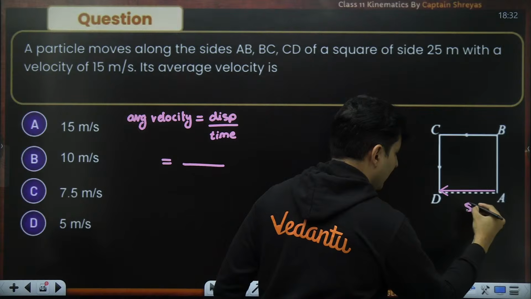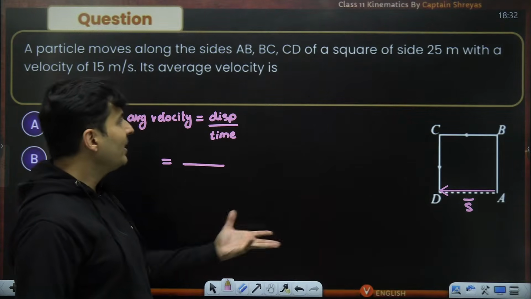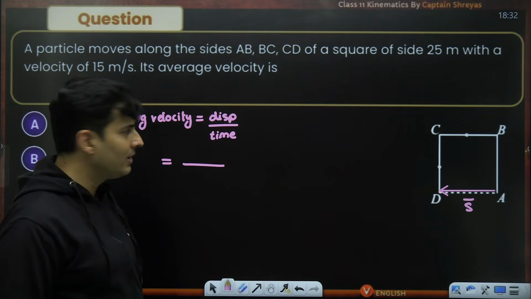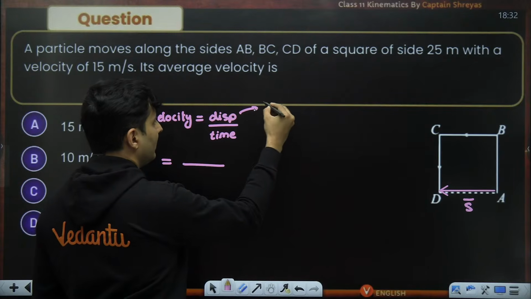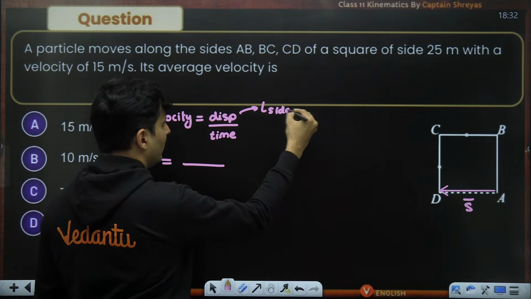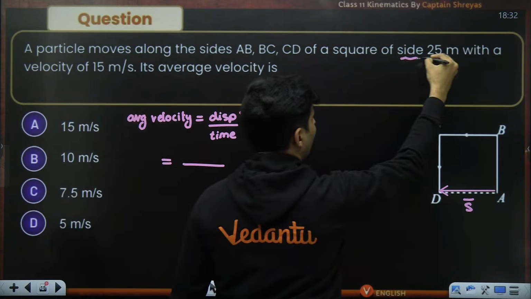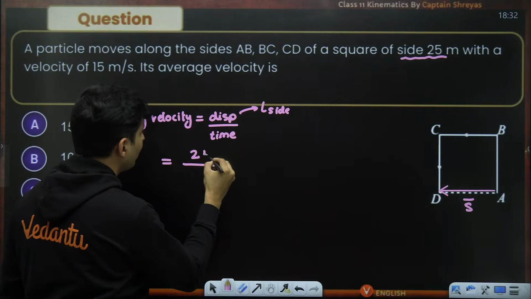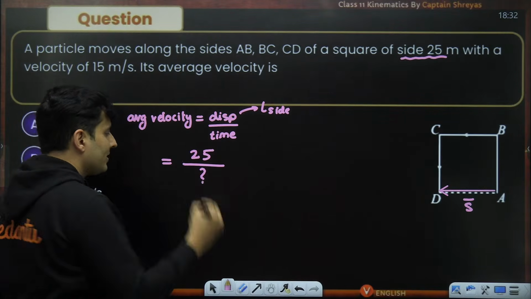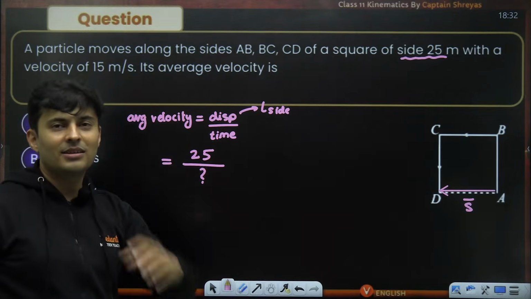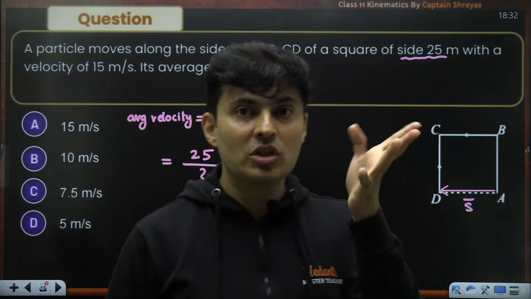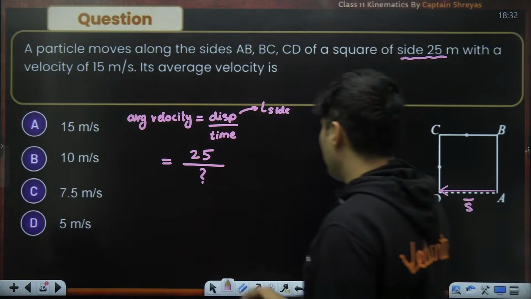How much is that? That is exactly the length of the side. So the displacement is the length of the side of the square, which is given as 25. But the problem is, what is the time? The time is not given. Oh my God, time is not given, sir. What to do, sir? Don't worry, my dear.